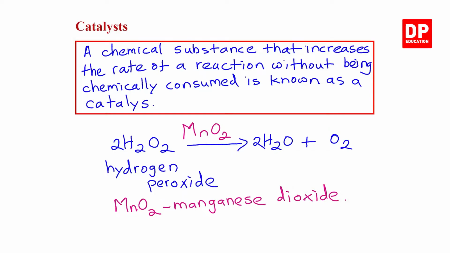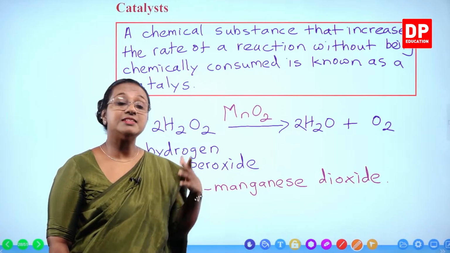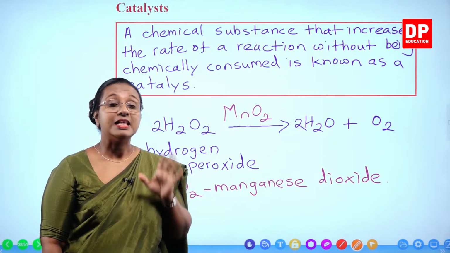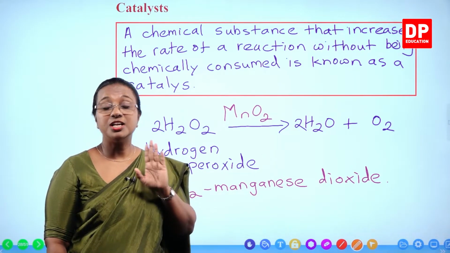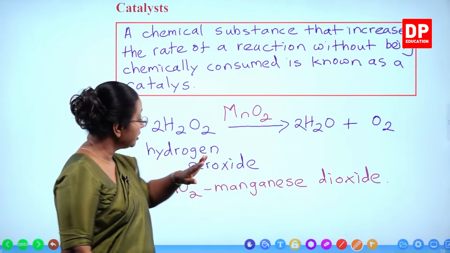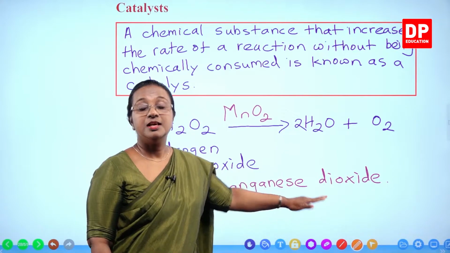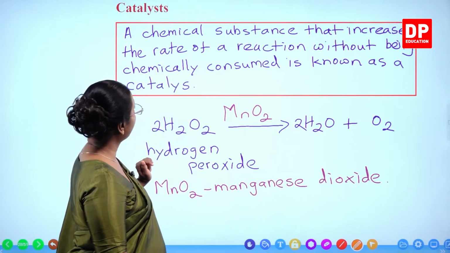Now, if you add a very little amount of manganese dioxide to a test tube containing hydrogen peroxide, you will see the rate of fizzing, that is the rate of evolving of oxygen gas, will be higher. That means the rate of reaction will be high. So, the effect of manganese dioxide is to increase the rate of reaction.